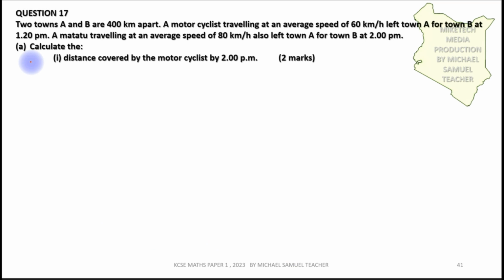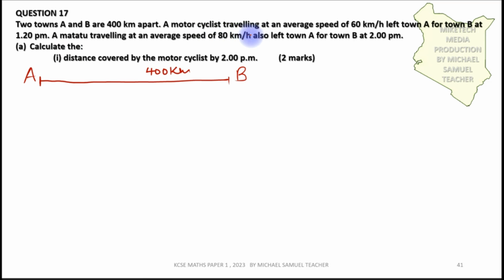So part of the question, we need to calculate the distance covered by the motorcyclist by 2 p.m. So we have two towns, from town A to town B, and it is 400 kilometers apart.